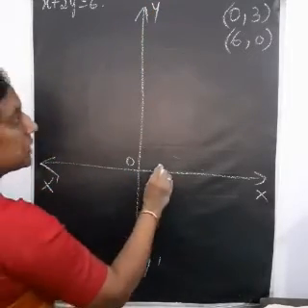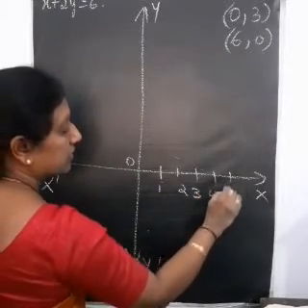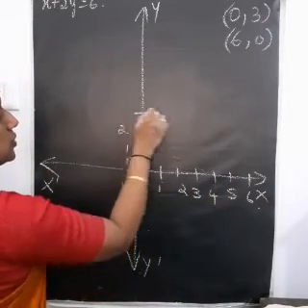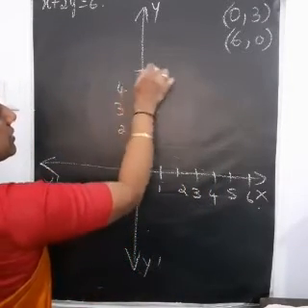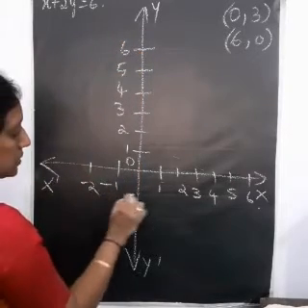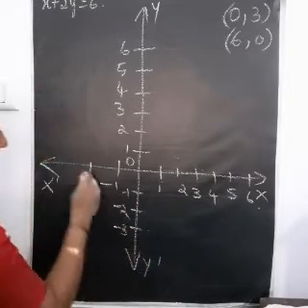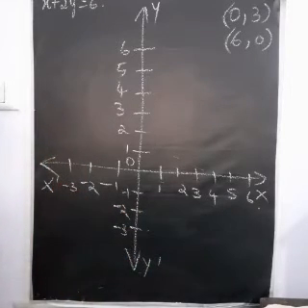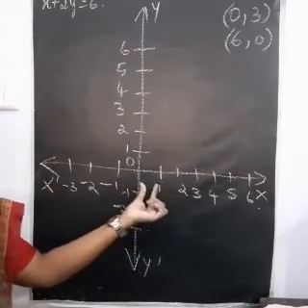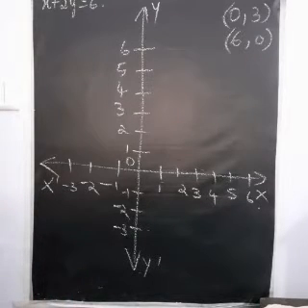We'll take 1, 2, 3, 4, 5, 6 and here 1, 2, 3, 4, 5, 6. Here minus 1, minus 2, minus 3 and so on. It should be even intervals. If you don't have graph paper, kindly use your scale to mark out even intervals. 1 centimeter intervals will be ideal.